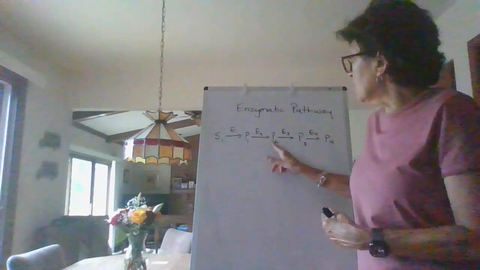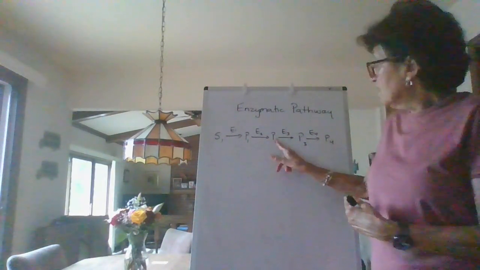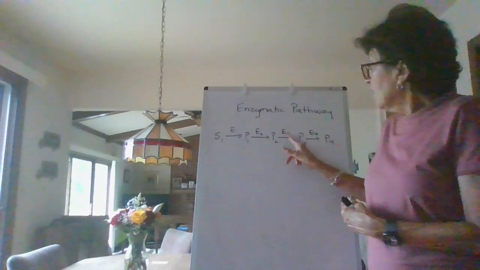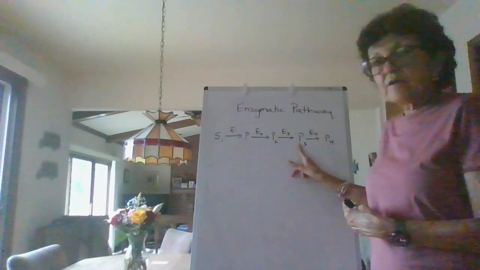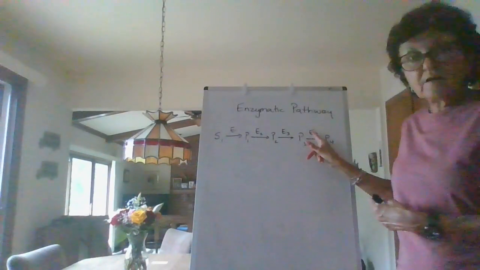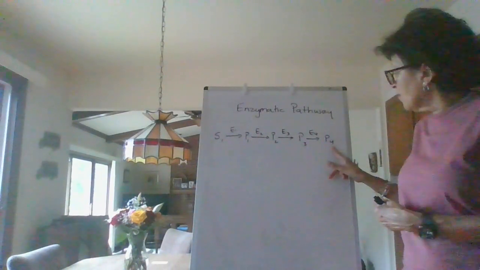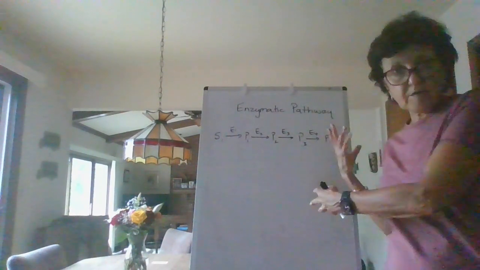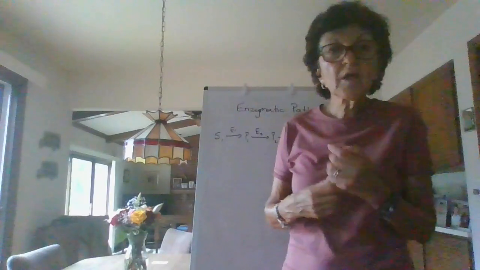And you see over here, product 2 now becomes the substrate of this enzyme. And then you get product 3. And then product 3 becomes the substrate of this enzyme. And then the end product is product 4 in this hypothetical.